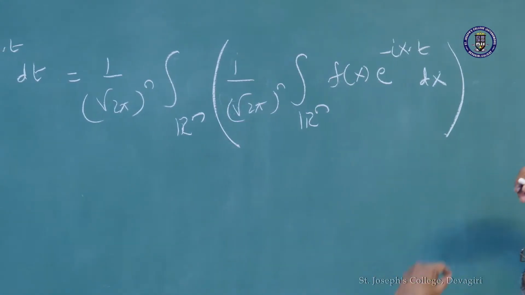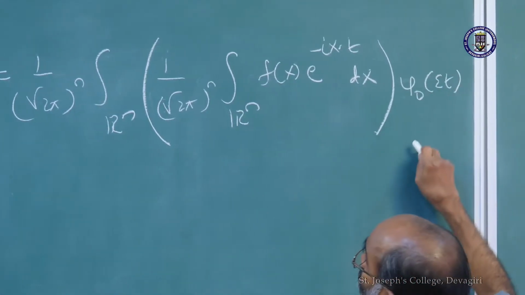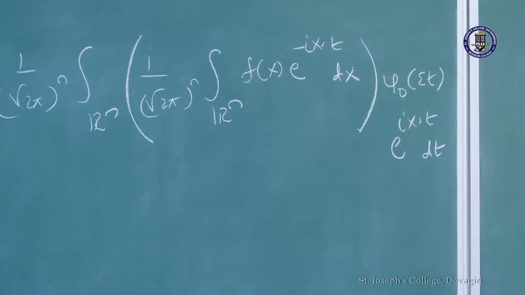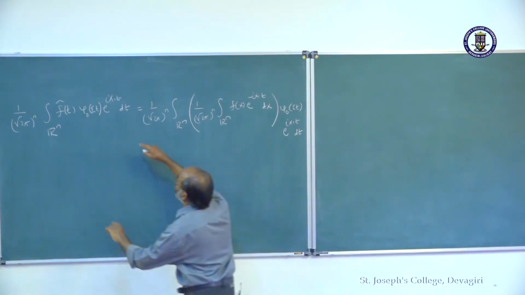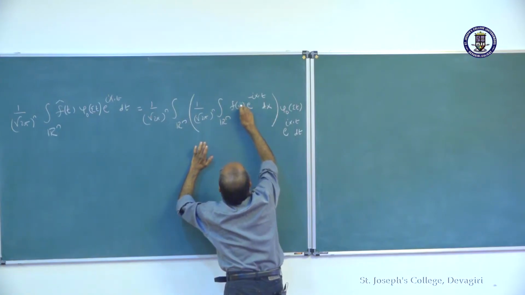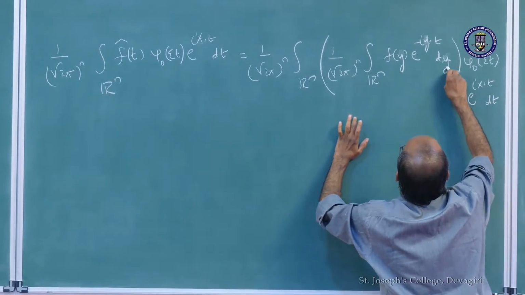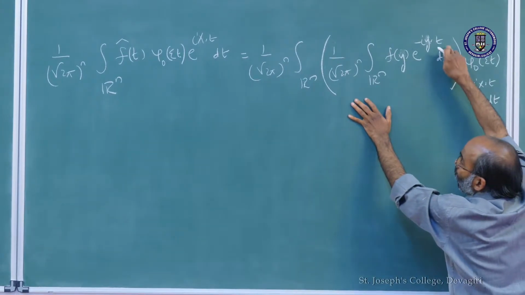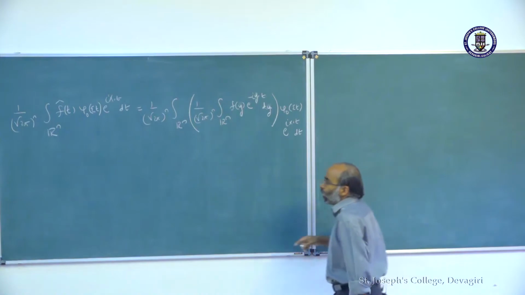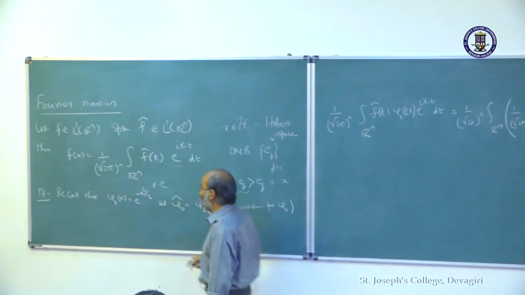I have not done anything except writing down the definition, phi 0 of epsilon t e to the i x dot t dt. So, let us be careful, there is an x here, right. So, let me change this to y, so that there is no confusion. Okay. So, this is the Fourier transform of f at the point t, f of y e to the minus i y dot t dy. x is a fixed point in Rn, and I am trying to invert the Fourier transform at the point x, and I want to get f of x.